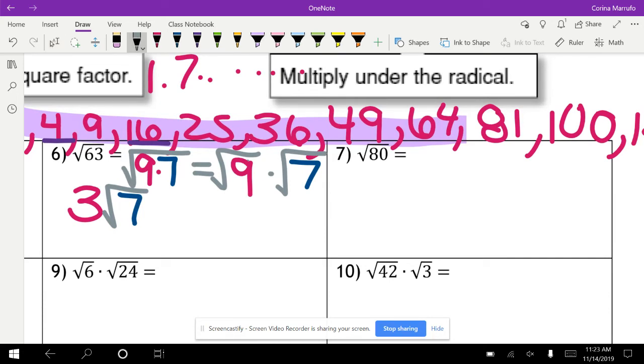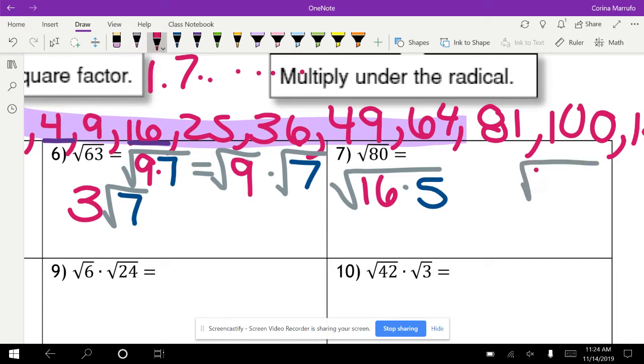So the square root of 80 is the same thing as the square root of 16 times 5. Okay, now, had we picked 4, 4 times 20 does give us 80 also, which is okay.